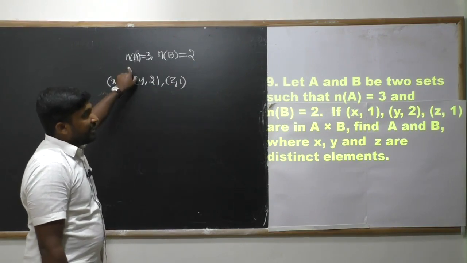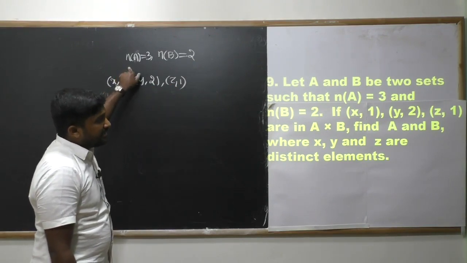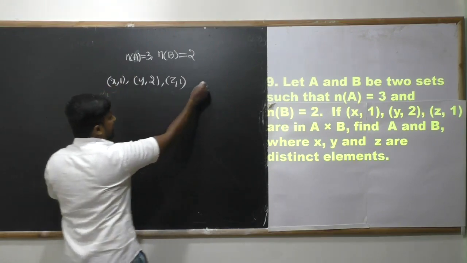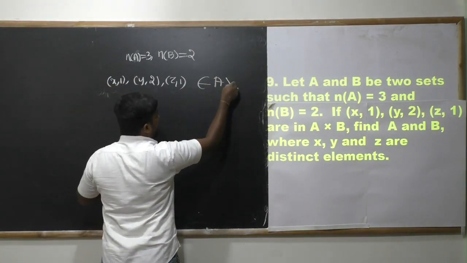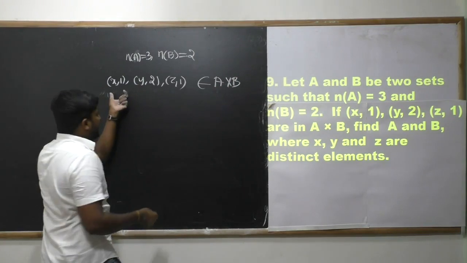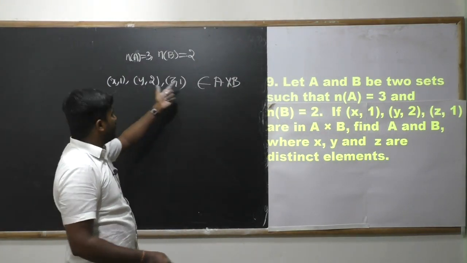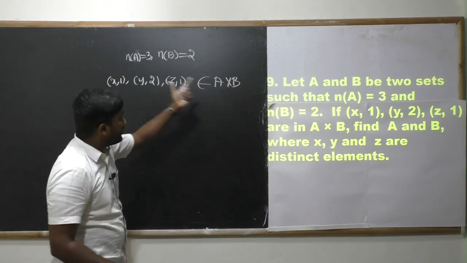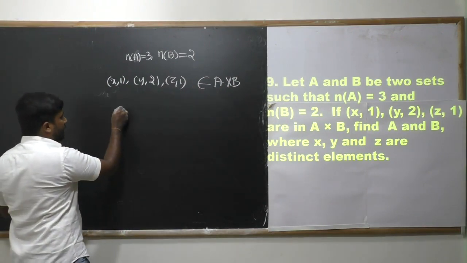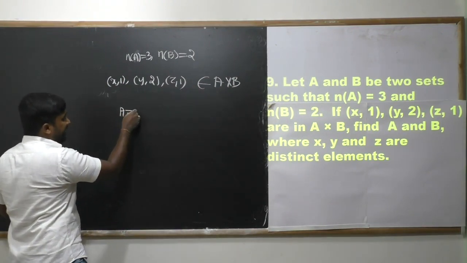We have to find the set A and B using these 3 ordered pairs. Given that these are the elements of A cross B. Ordered pair x comma 1 belongs to A cross B. Ordered pair y comma 2 belongs to A cross B. Ordered pair z comma 1 also belongs to A cross B. Then what is set A?